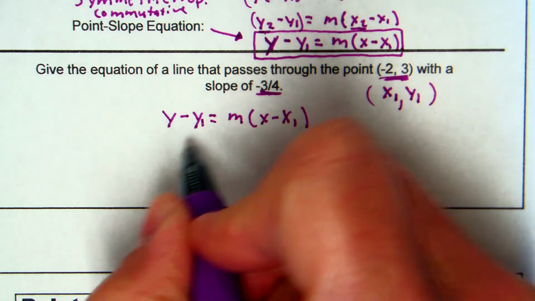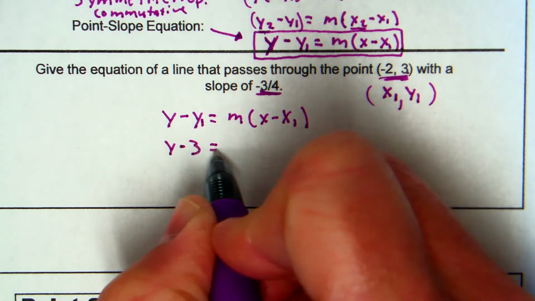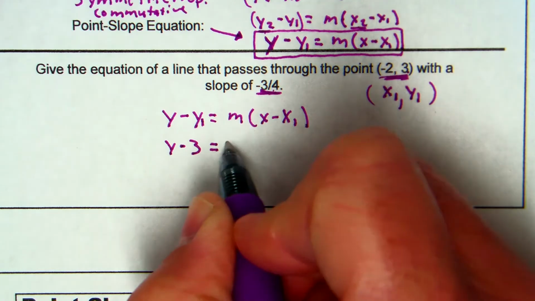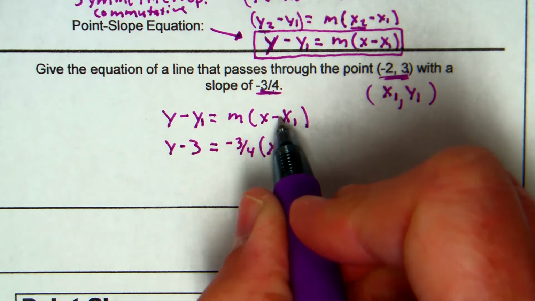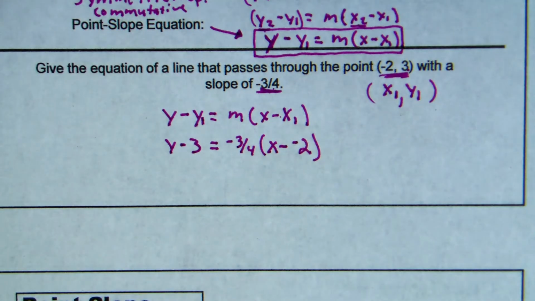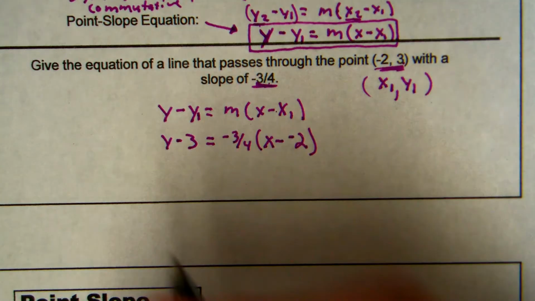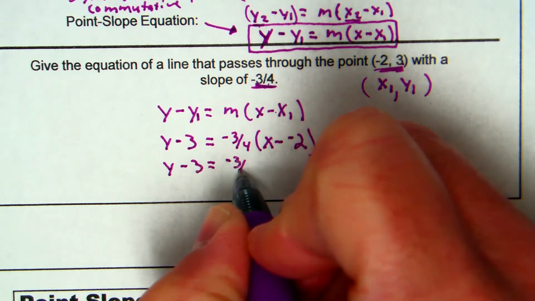So I would say y minus, the only example of y I have is 3, equals my slope, which is negative 3/4, x minus, the only example of x I have is negative 2. I use my distributive property and say y minus 3 equals negative 3/4 x.